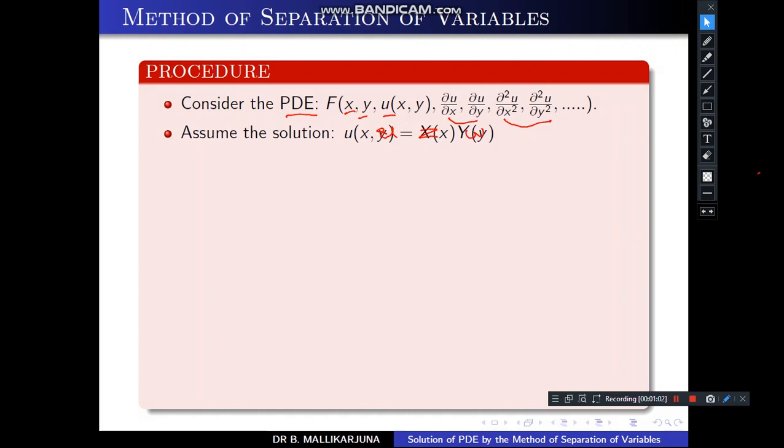We assume the solution u is equal to X of x times Y of y.